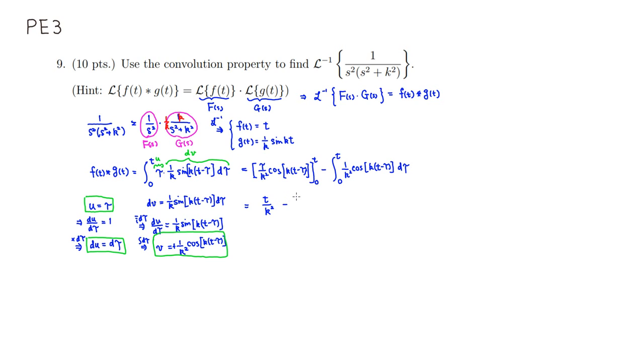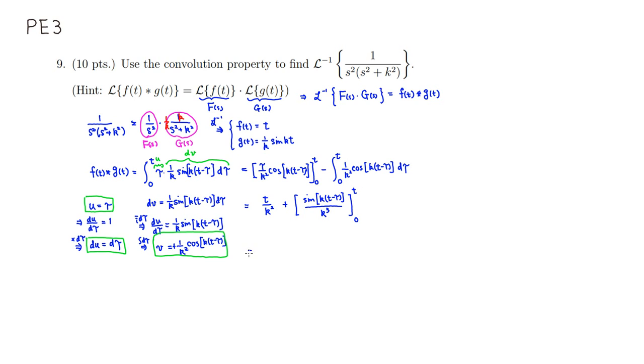Minus, the antiderivative of cosine is sine of k times t minus tau, but you have to divide by negative k, so I'll make it positive, and with the 1 over k squared it becomes k cubed, from 0 to t.